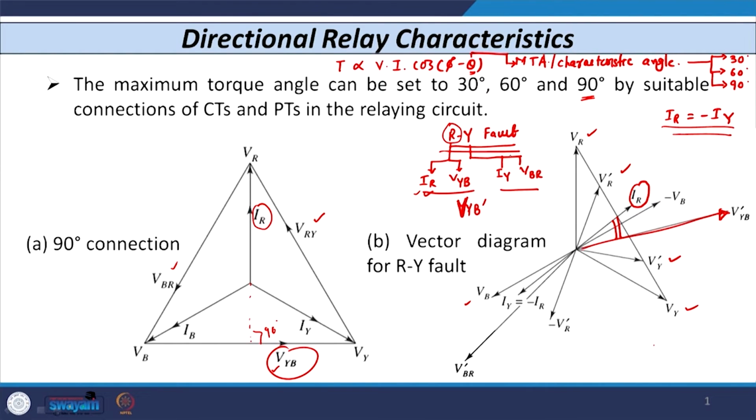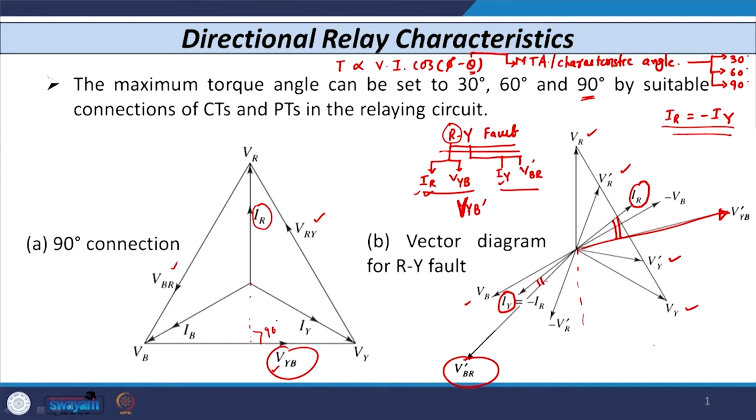Same way for the other phase Y, the IY is the current. So, you have the IY current here, and you have the V dash BR. So, it is nothing but Vb minus Vr dash. So, Vb is here minus Vr dash, that comes out somewhere here, and if you plot, you have the value V dash Br. So, the angle between V dash Br and IY is this angle, which is very small.